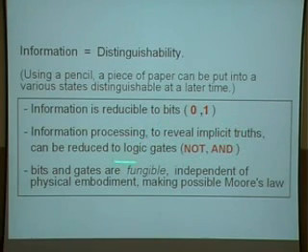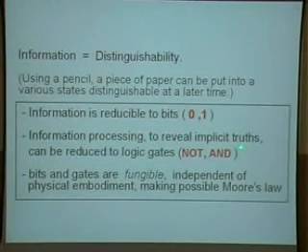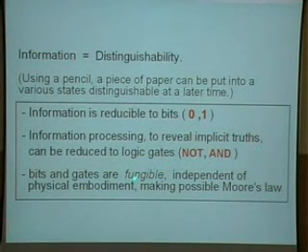And everything you want to do to these bits or to the information they represent can be reduced to very simple operations. And the physical form of these bits can be abstracted away, thereby making possible ever cheaper and ever faster bits, and the many benefits that we have from Moore's law.